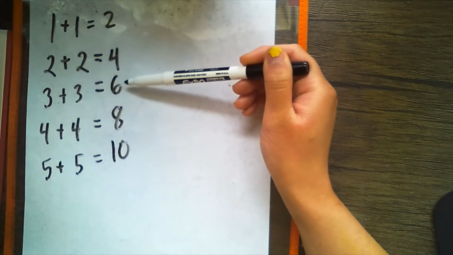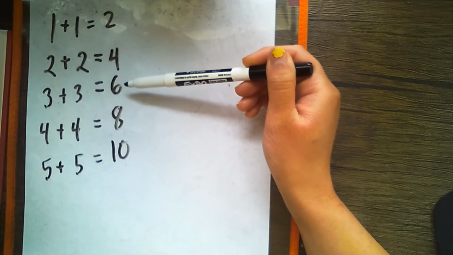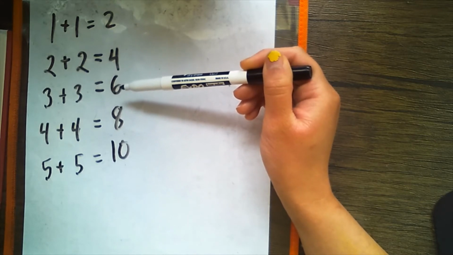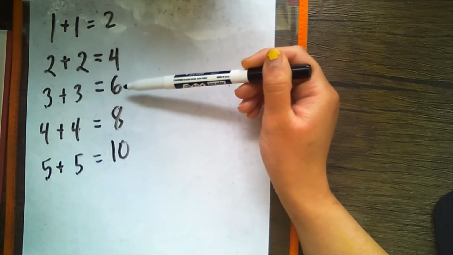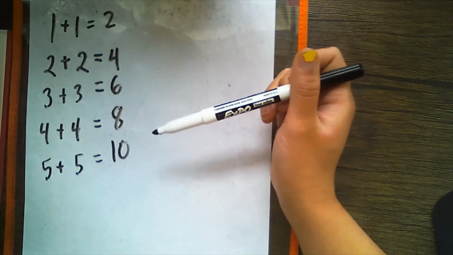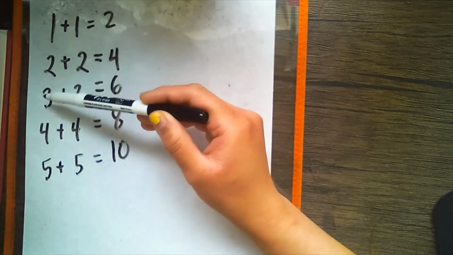Same thing for our 3 plus 3 equals 6 equation here. If there are 6 cookies and you and your friend are sharing the cookies evenly or fairly, then each of you should have 3 cookies each. So you should have 3 cookies and your friend should have 3 cookies.